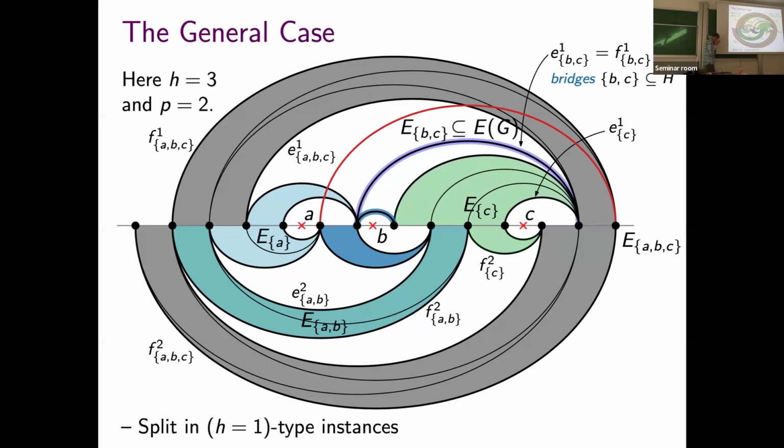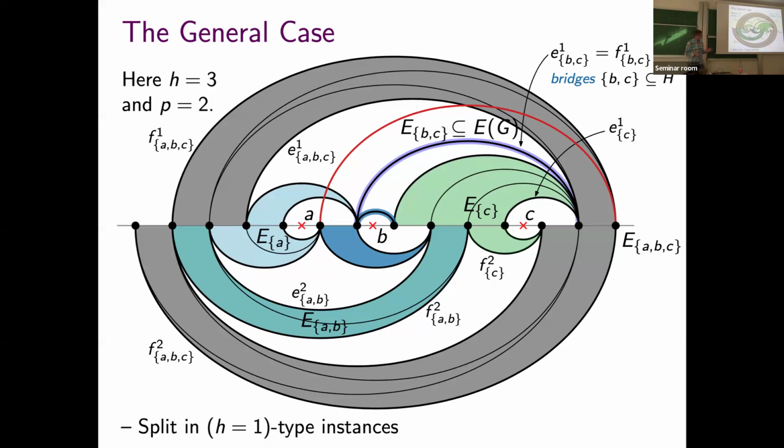And now the main insight to get a solution for the general case is that although this gray stuff bridges 3 points of my hitting set, it has the same structure as a set of edges that bridges only 1 point. So we already have the tool to deal with it, but we have to stitch things together.